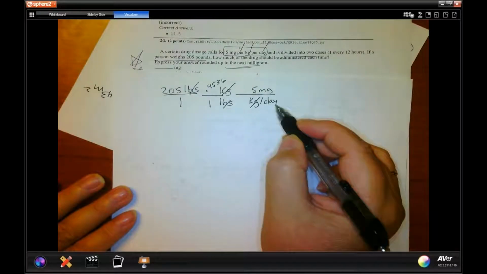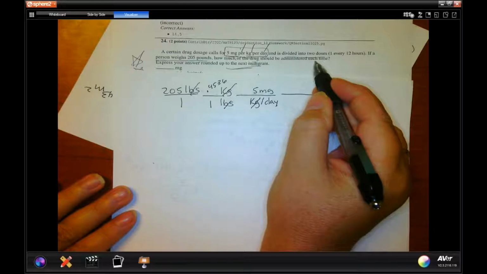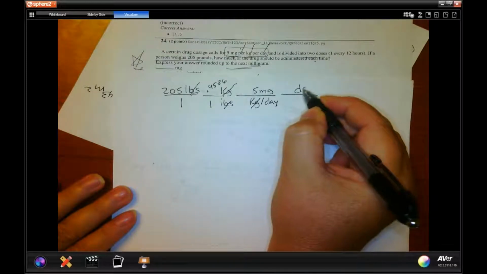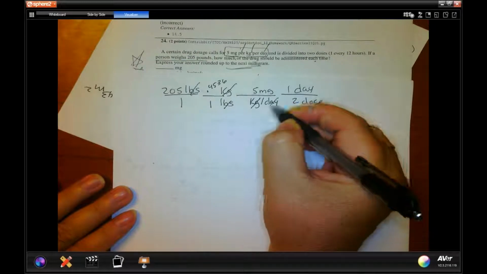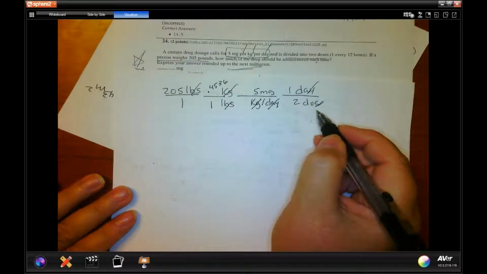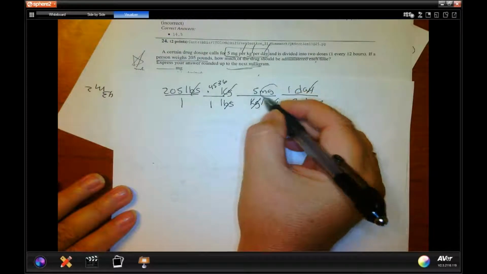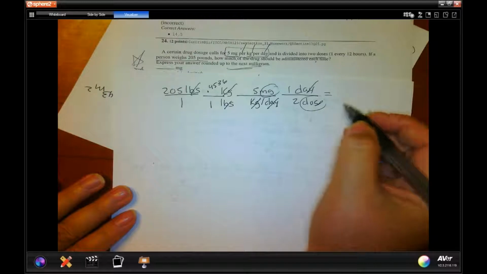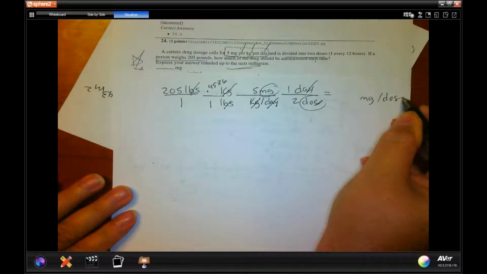That'll get rid of the kilograms. Then also in the text, it tells us per 1 day, they get 2 doses. That gets rid of the day and takes us to the dose. See how this factor label takes care of everything? Then we have what we need, which is how many milligrams per dose.